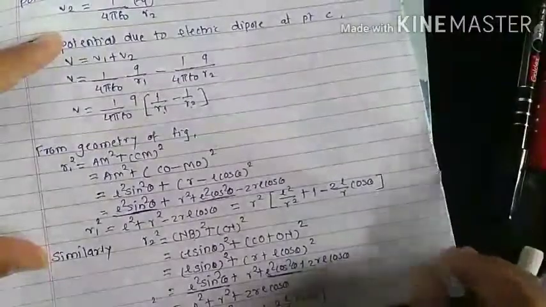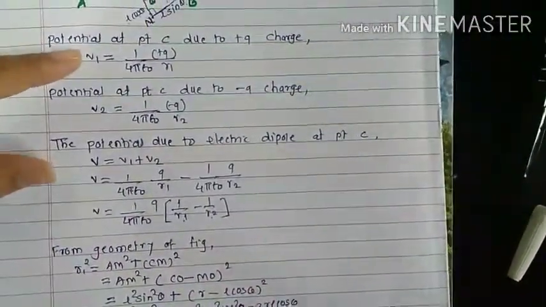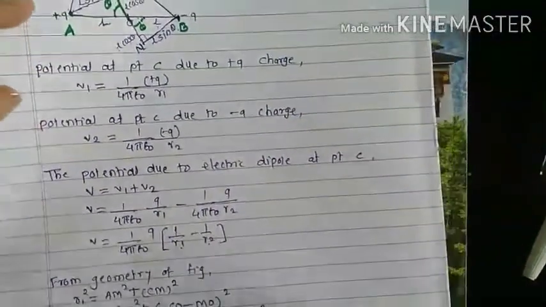Now, for the electric dipole, twice L is very less.